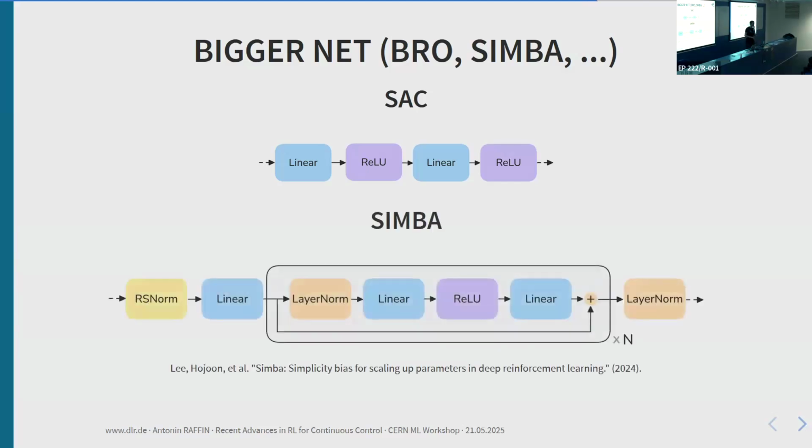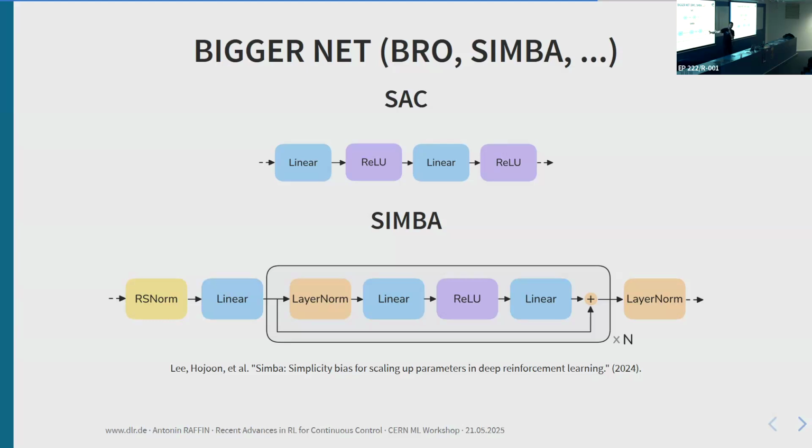And for instance, what the Simba algorithm does, and what is quite interesting, it's just replacing the network architecture. It's not changing at all the algorithm, but by just changing the network architecture, you can get a performance boost. And basically, it's first normalizing the observation, which is also quite classic, and then using a residual network.